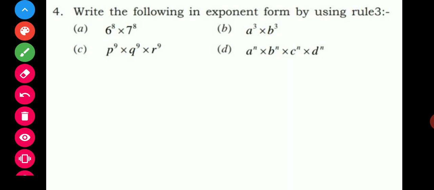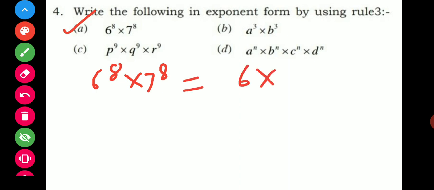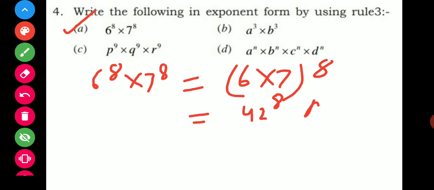In the first question, it is 6 to the power 8 into 7 to the power 8. So now you can write 6 into 7 and the whole power is 8. 6 times 7 is 42, so 42 to the power 8. That is your answer.